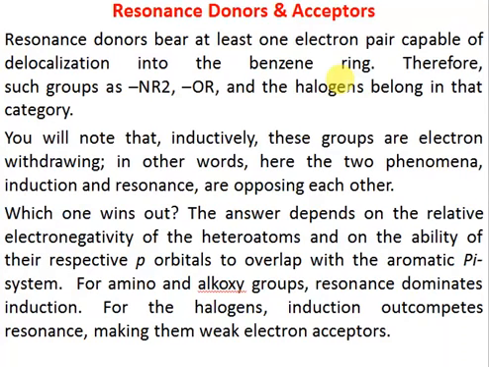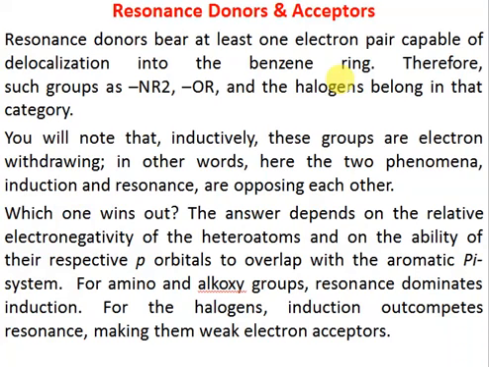Whether the inductive effect will win or the resonance effect will dominate depends on the relative electronegativity of the heteroatom, and also on the ability of the p orbitals to overlap with the aromatic pi system. For example, the amino and alkoxy groups: their electronegativity and the ability of their p orbitals to overlap with the pi system is significant, so the resonance effect dominates.